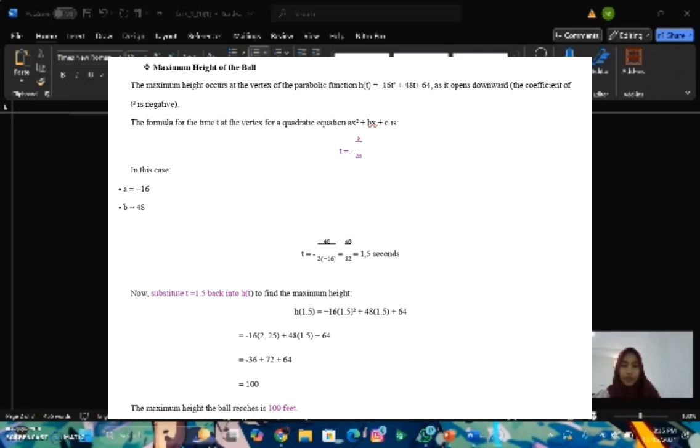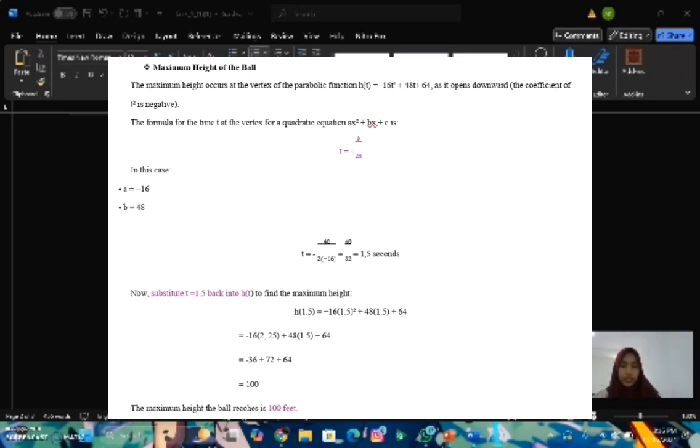So -16 times 2.25, because 1.5 squared is 2.25, plus 48 times 1.5 plus 64. -16 times 2.25 is -36, plus 48 times 1.5 is 72, plus 64.